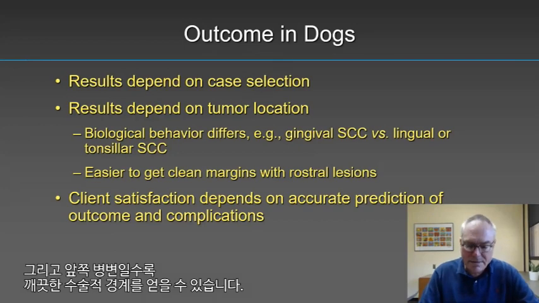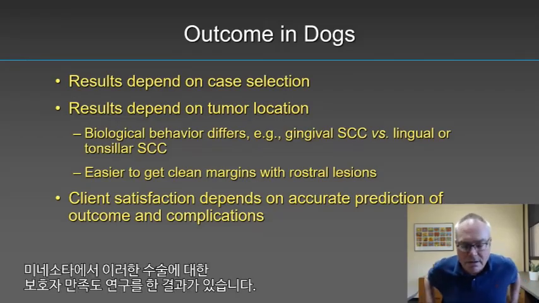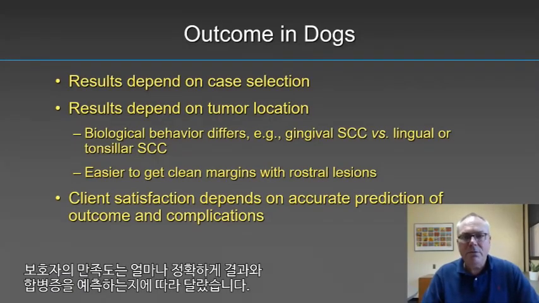Another aspect are the technical factors. So it is technically easier to get clean margins with rostral lesions. An interesting study was done at the University of Minnesota looking at the client satisfaction following these procedures. And it was found that one of the major factors determining client satisfaction was the accurate prediction of outcome and complications.